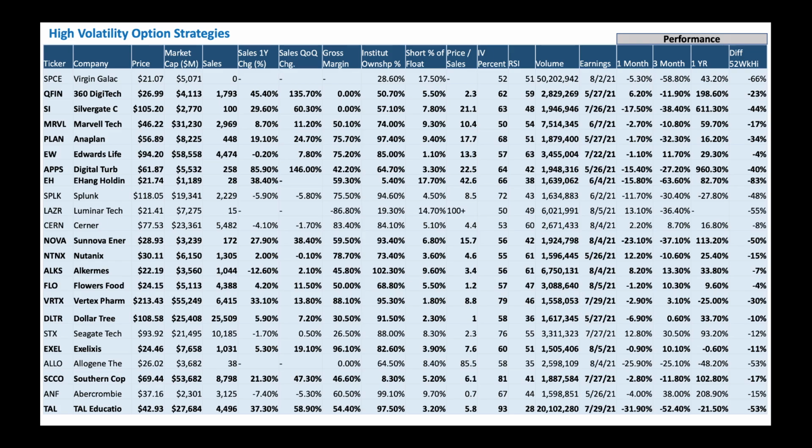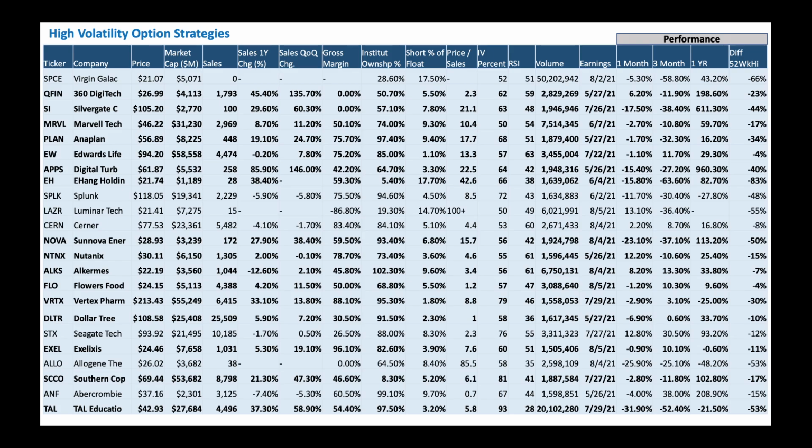So with that in mind, let's take a look at a few examples here. First is Virgin Galactic, SPCE. Right now the sales is zero, as you can see here. This is pure speculation, and they got some good news. I think Mr. Richard Branson basically has some space tourism.